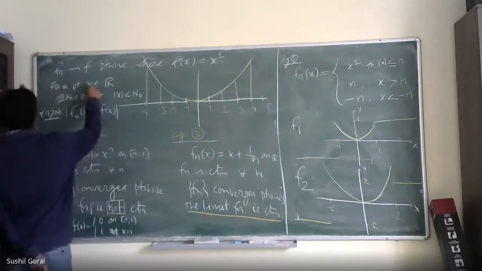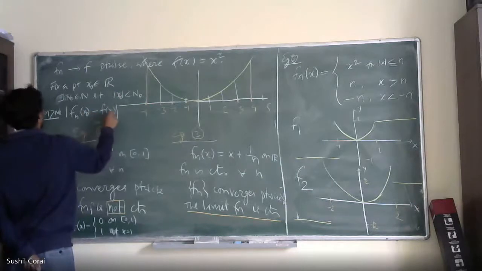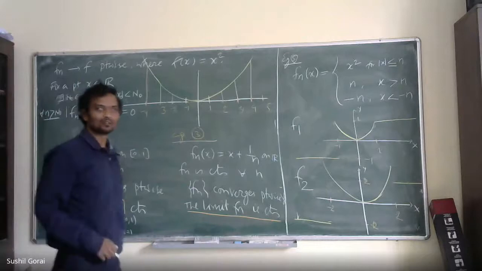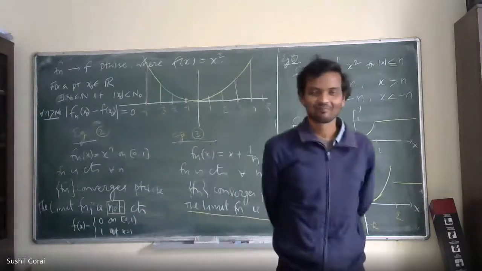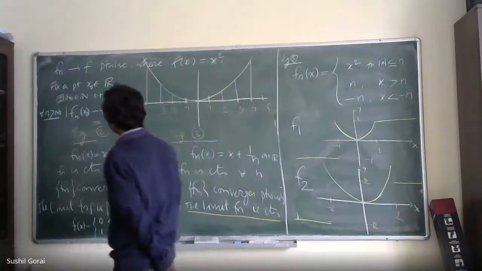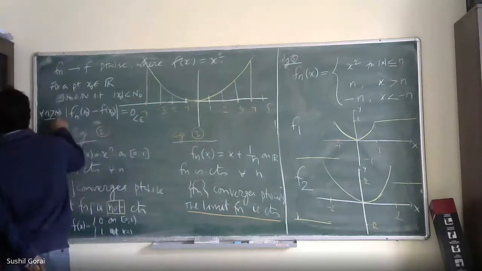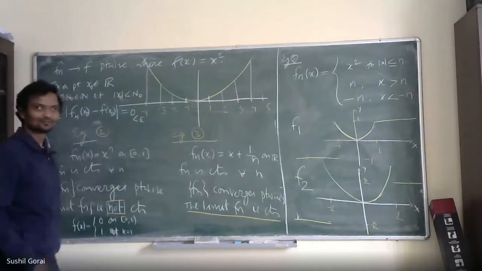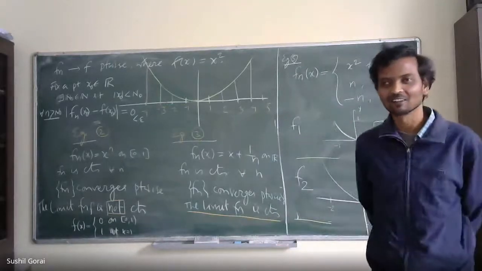So for this fixed point, let's call it x naught, it is 0, which is less than epsilon, for every epsilon. So this is less than epsilon. But you see here, this n naught depends on the x naught you have chosen. All right? It's very clear.